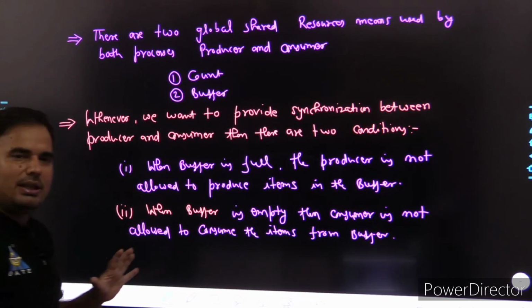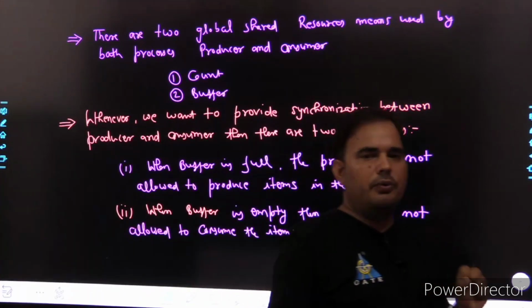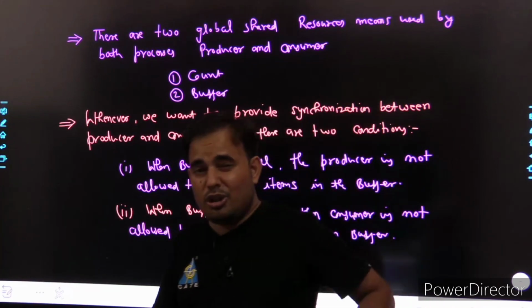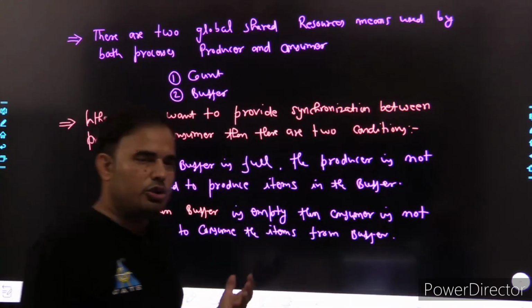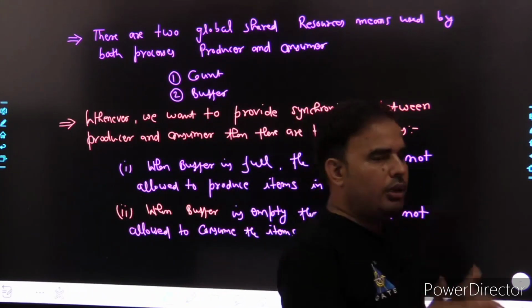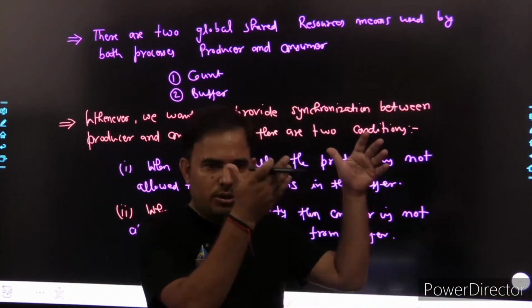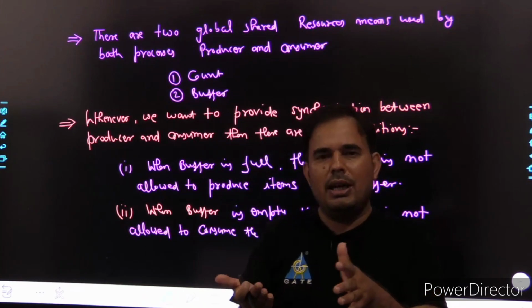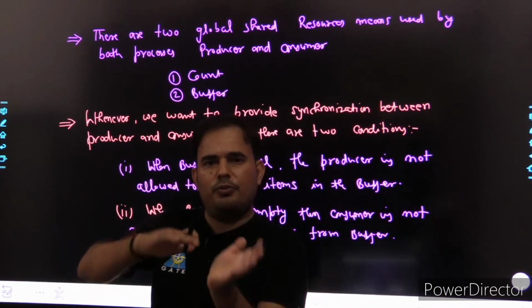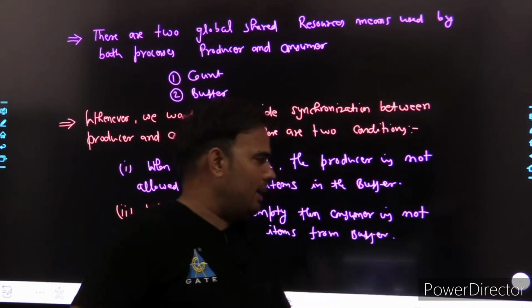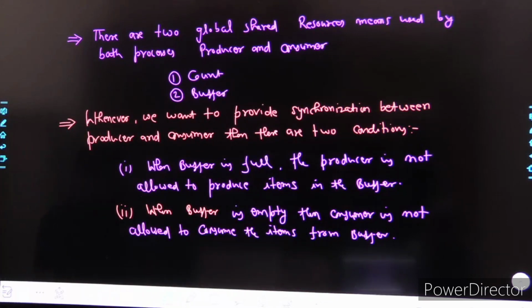So these are some basic points related to the classical producer consumer problem. Now I am going to take the codes of the producer and consumer: how the producer can produce an item into the buffer, and how the consumer can consume an item from the buffer. Understand clearly? Please note these points down.